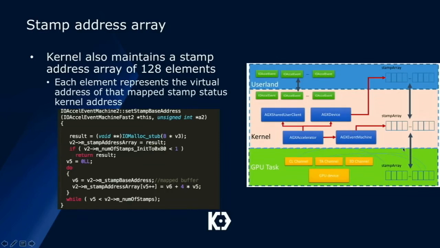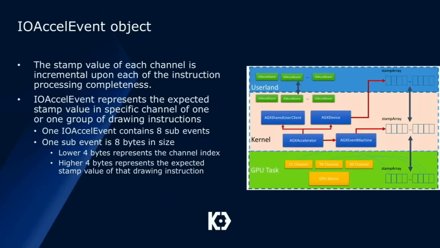It contains an address array of 128 elements, and each element represents the virtual address of that mapped stamp status kernel address. The stamp value of each channel is incremental upon each instruction's completion, which means once the processing is completed, the GPU will update that stamp value by adding 1.